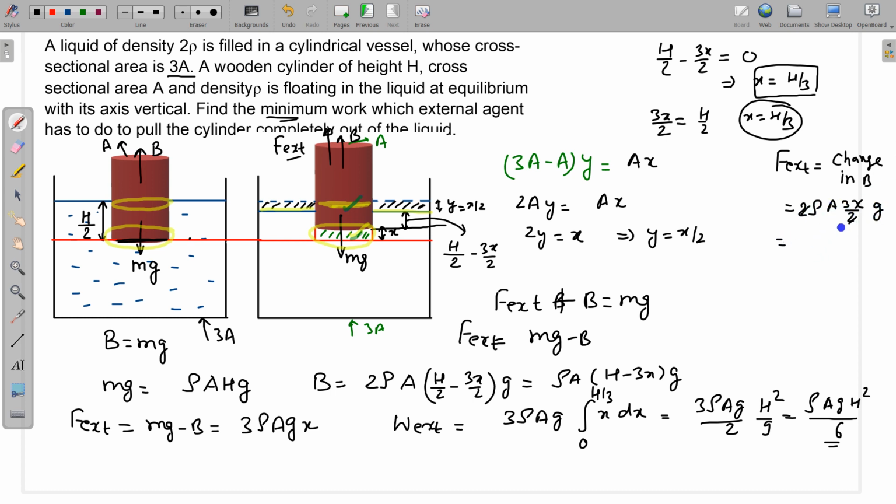So we can directly say from here that this is 3 rho a g x, and we have to apply an external force equal to this, which is the change in buoyancy force, because weight is not changing; the changing force is the buoyancy force. Whatever the change in buoyancy force, we have to apply exactly that external force. So we can directly find what external force we have to apply at a particular x, and this force multiplied by dx is the work done in a very small displacement, and you integrate it from 0 to h by 3, and easily we can find the work done.